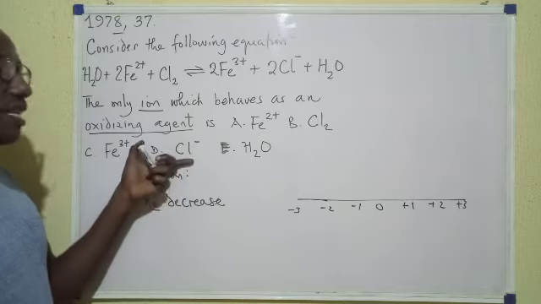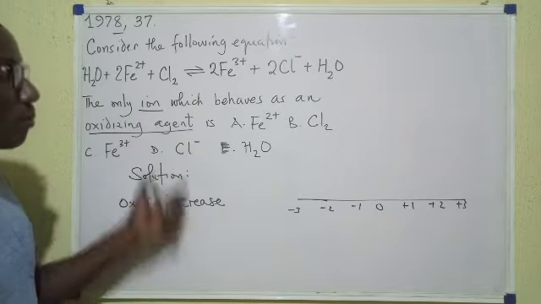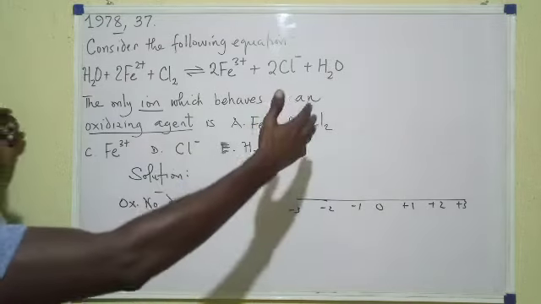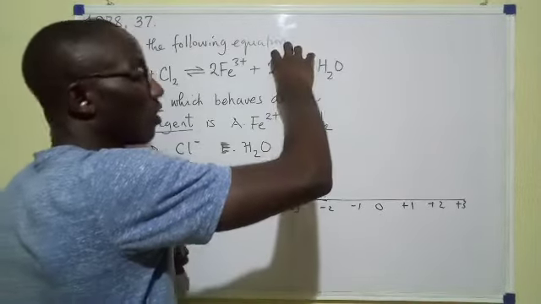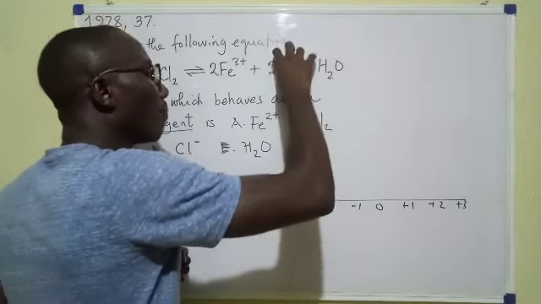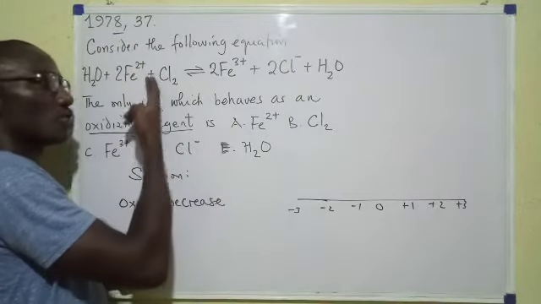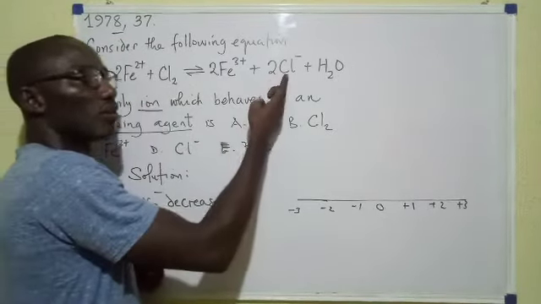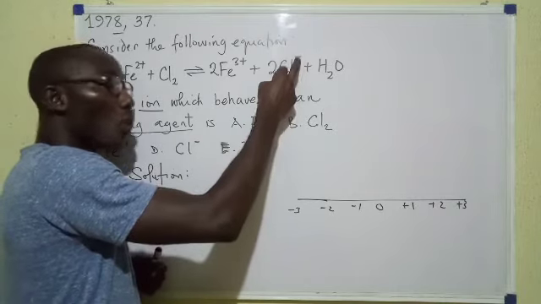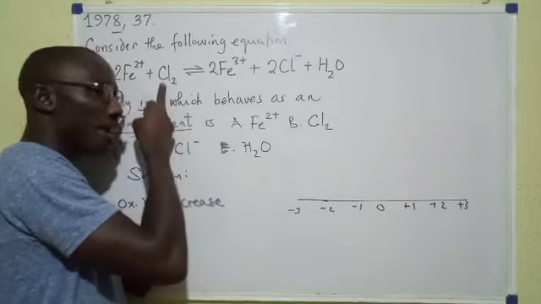Let's try this Cl minus out first. Where do we have Cl minus on this equation? Okay, here it is on the right. So what happens to Cl minus in this reaction? You trace it to the left. Cl goes from -1 to 0.